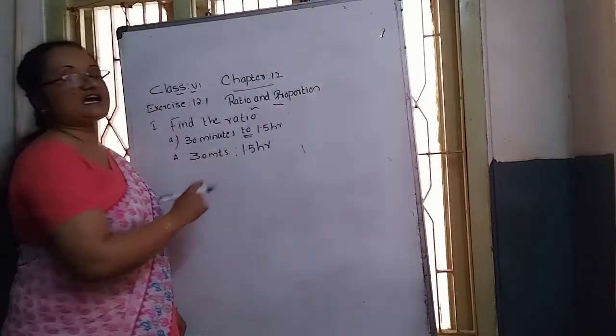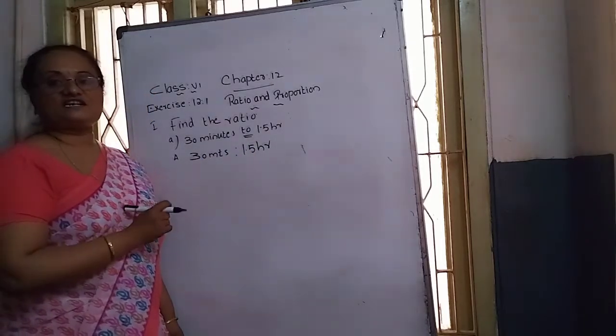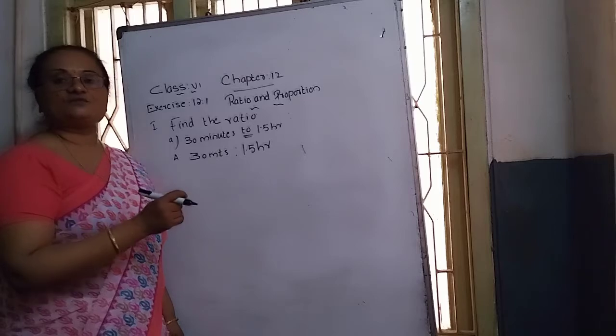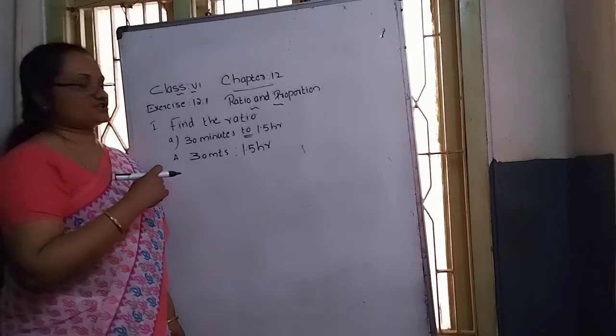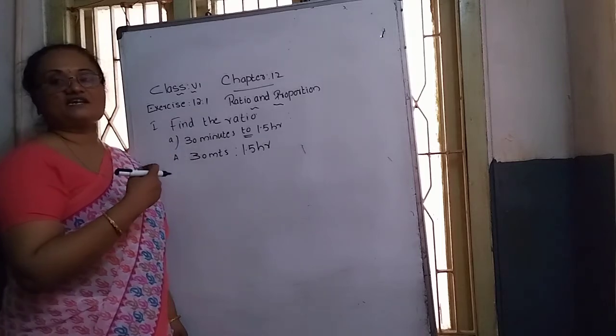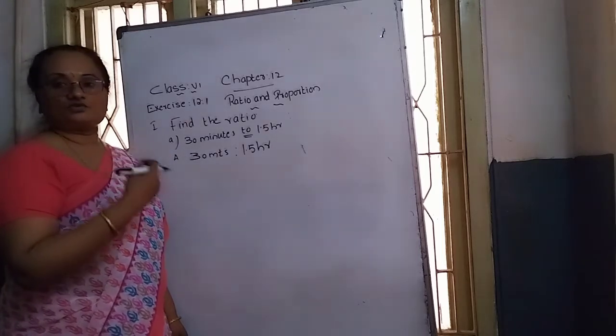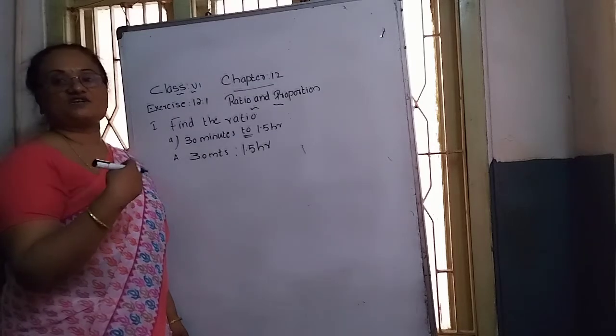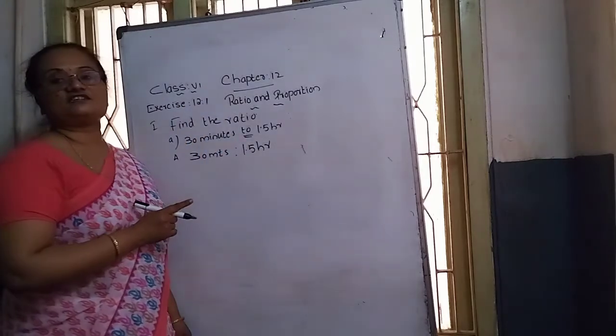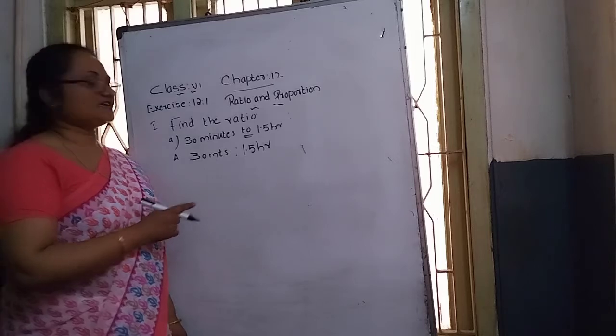But they are in different units. We already learned that only when they are in the same unit can we find the ratio. Ratio means comparing two quantities, how much more or how much less. Using a comparison, we call it a ratio.